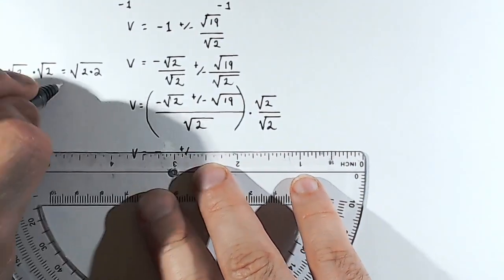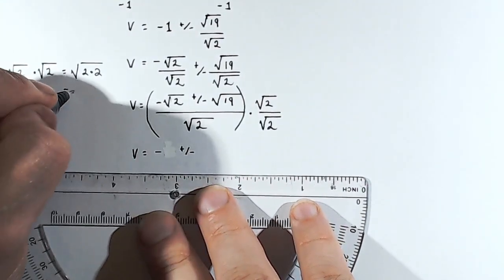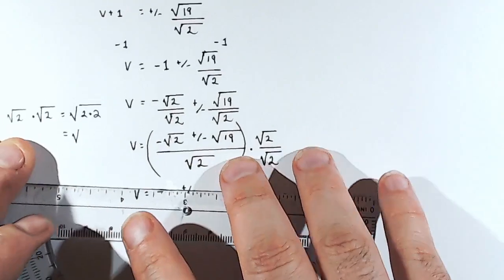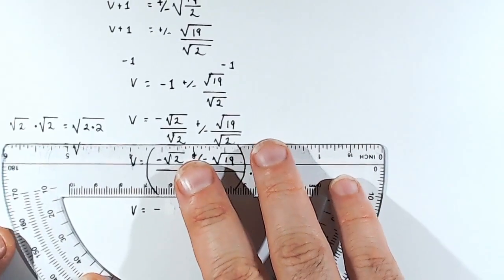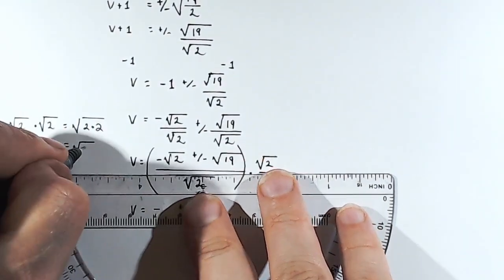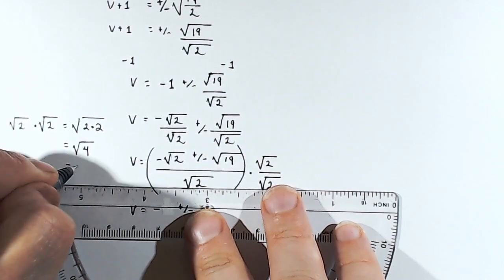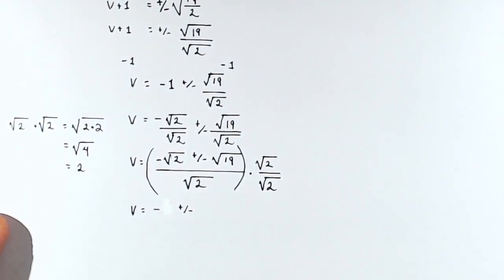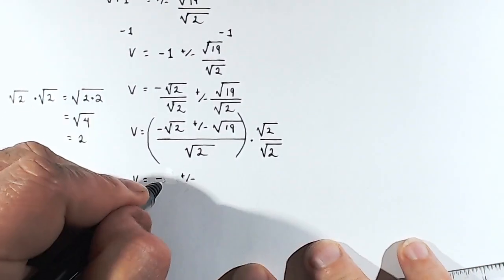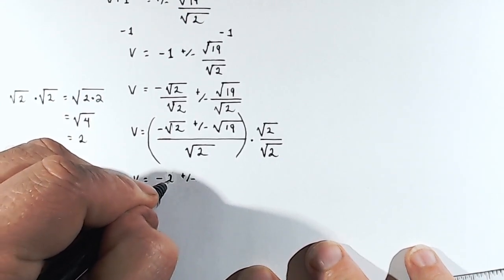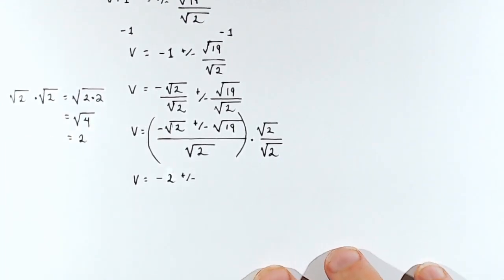Okay? So this is equal to the square root of 4. Oh, I was right. Which is equal to 2. Okay, well, I was right. Just put this 2 back here. I was right there.